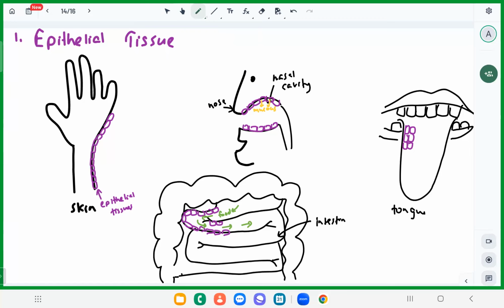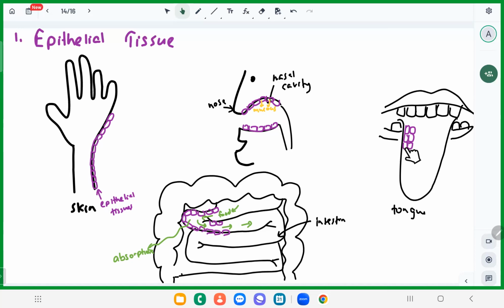So these epithelial cells within the intestines have the ability to absorb that food into the body. So absorption is another function of this specific epithelial tissue. The epithelial tissue in the intestines and the digestive tract have the ability to absorb nutrients into the blood. All right. So there is the secretory function, there's the absorptive function, there is the protective function.